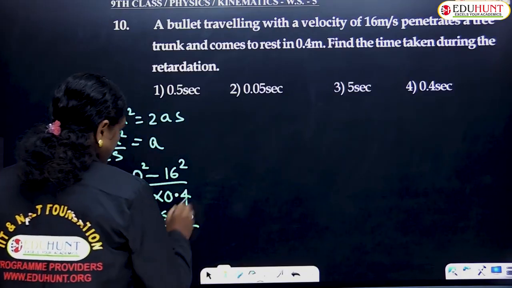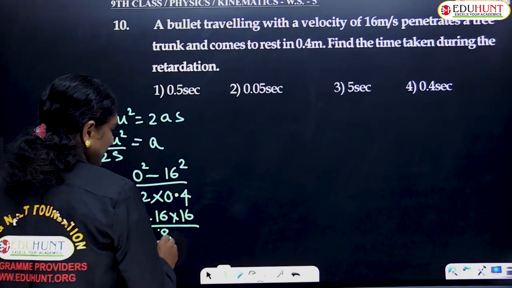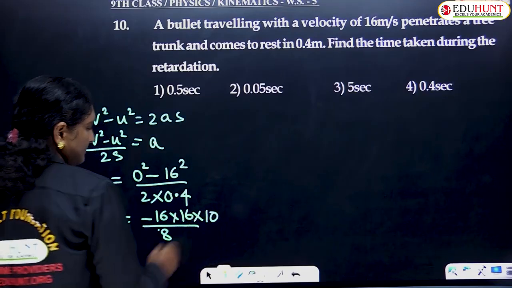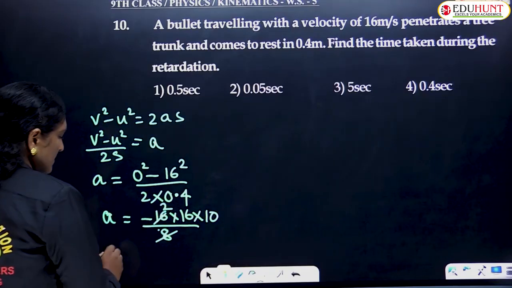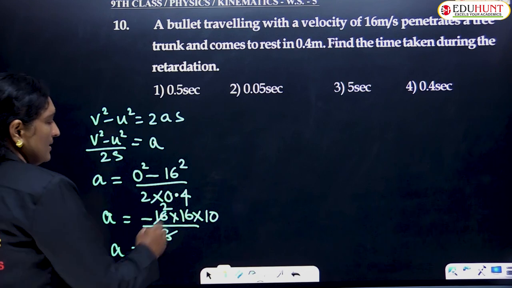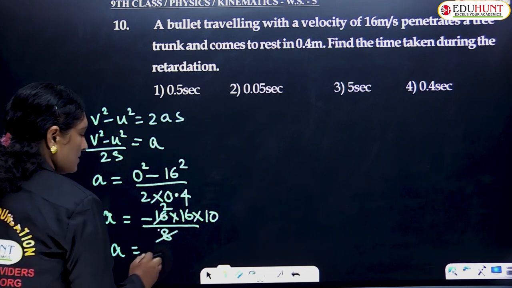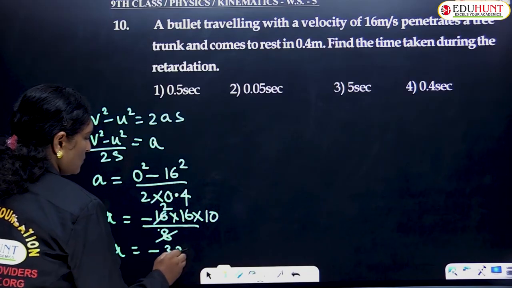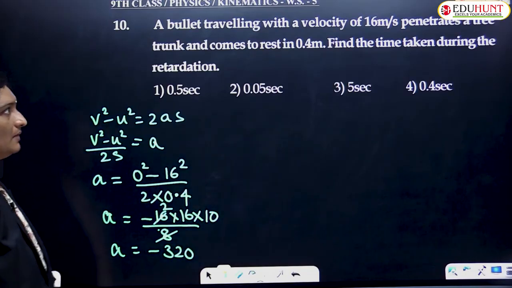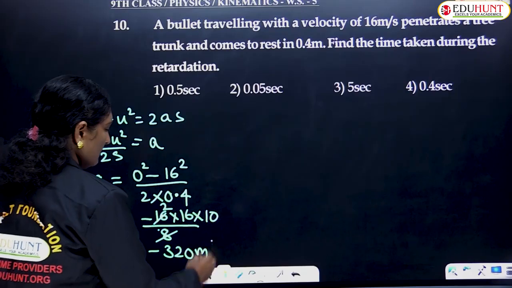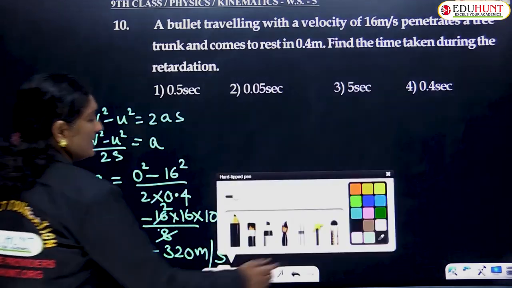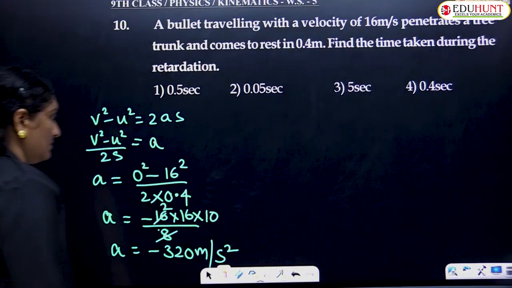So this is 8 by 10, that 10 I carried here. 8 goes 2 times, hence the value of A is found to be 16 2s is 32, 32 into 10 is 320. So minus 320. The value of acceleration is found to be minus 320 meter per second square.